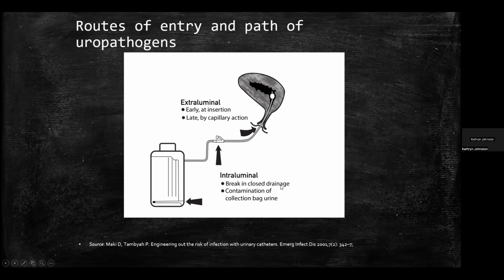And oftentimes this will happen when people either disconnect to empty the bag, or they disconnect to collect a specimen, as opposed to using the collection port and collecting it that way. So those are the two main risks for urinary tract infections associated with urinary catheters.